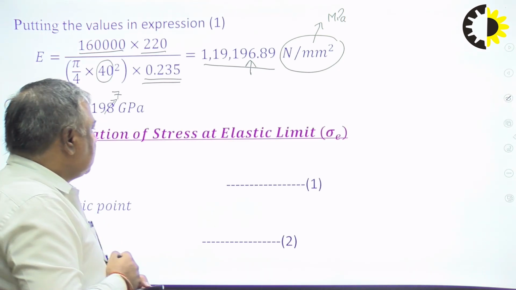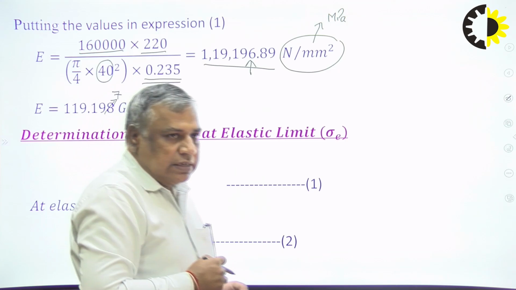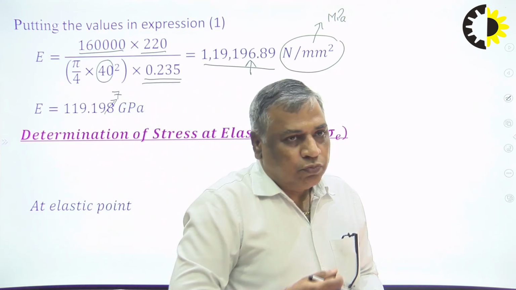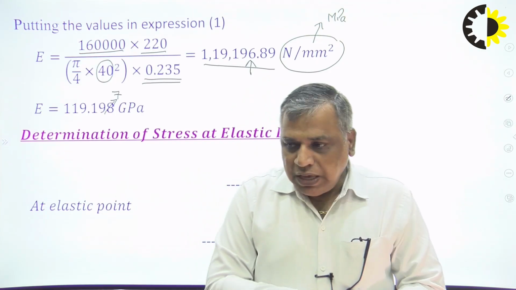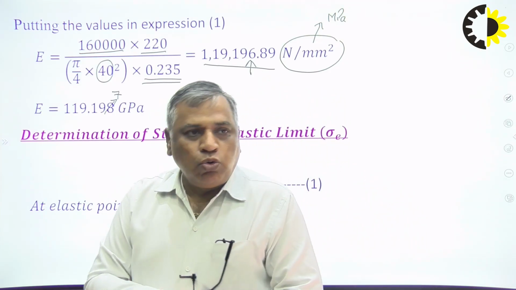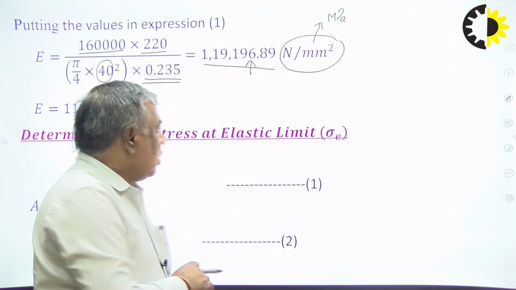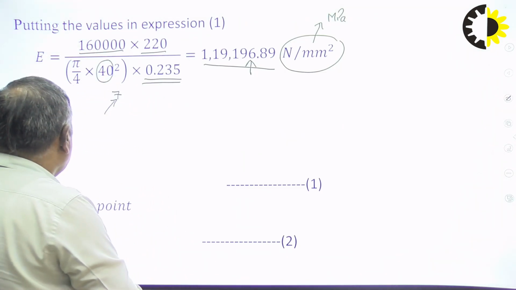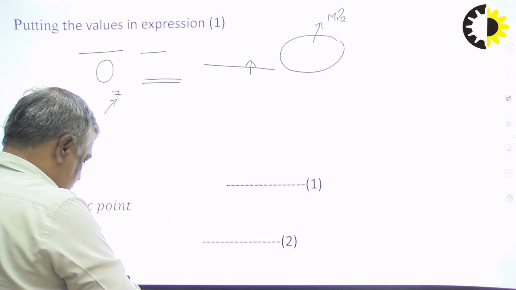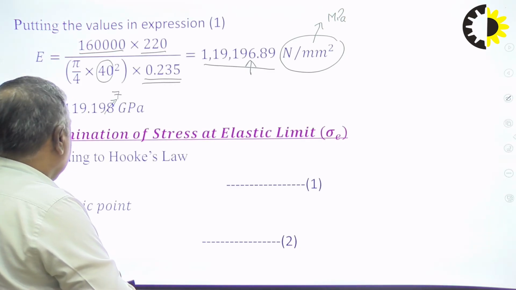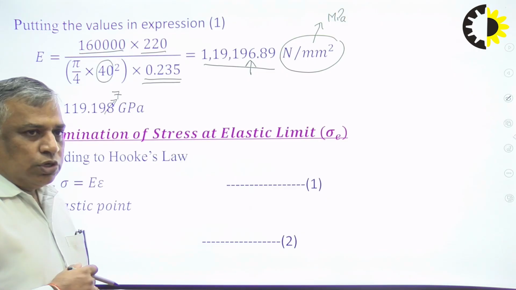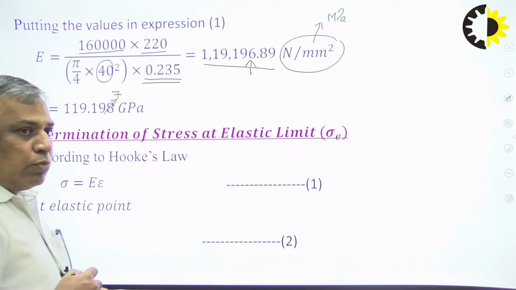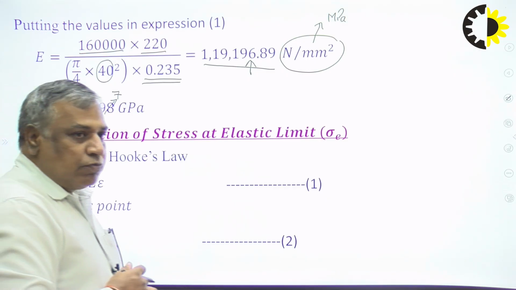Now the determination of stress at the elastic limit. For the determination of stress, we have PE, the elastic load, that is given. So we will again use Hooke's law. According to Hooke's law, sigma is equal to E into epsilon. E is the modulus of elasticity, which is a property of the material.